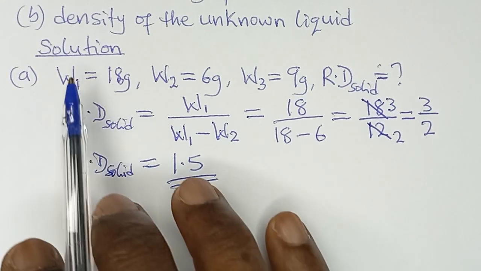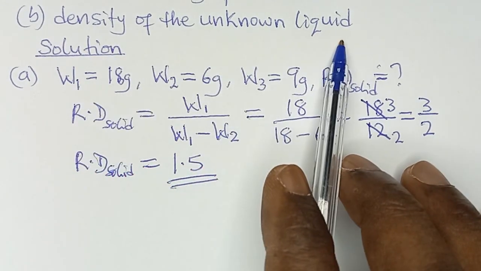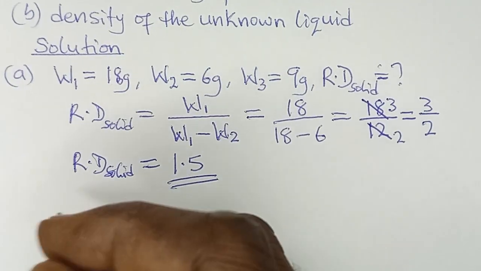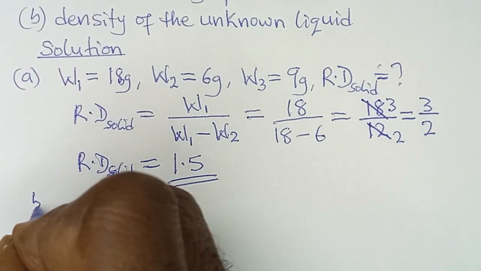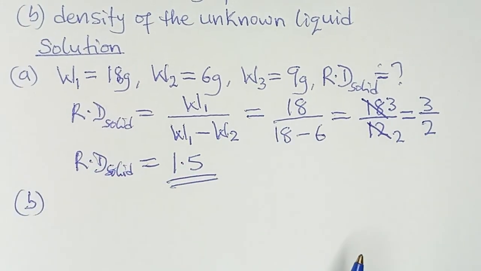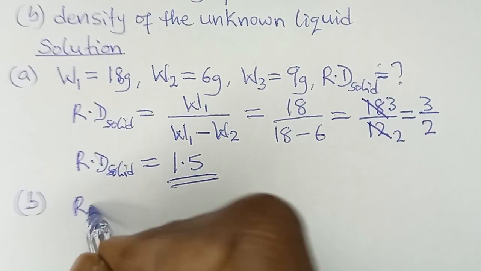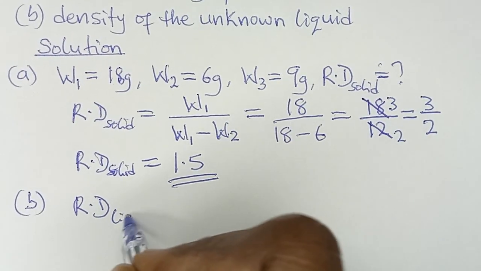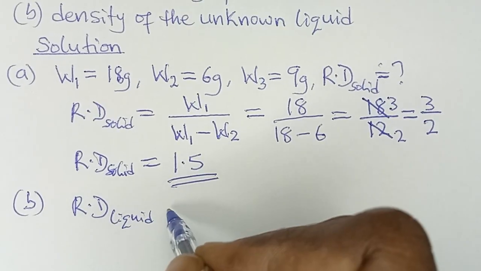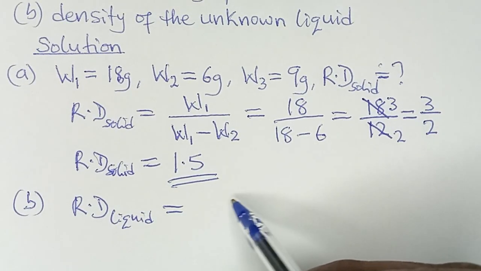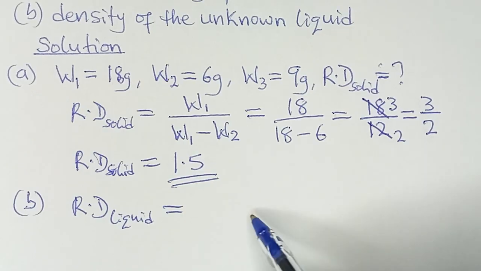The B question says, find the density of the unknown liquid. So we have to find the density of the unknown liquid. Now, the formula for finding the density of a liquid when you have a solid immersed in water and in the liquid is given by relative density of liquid is equal to the loss of weight of the solid inside the liquid divided by the loss of weight of the solid in water.